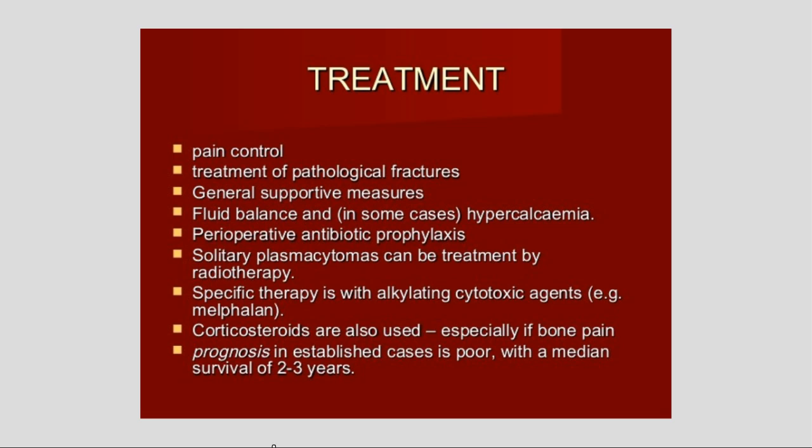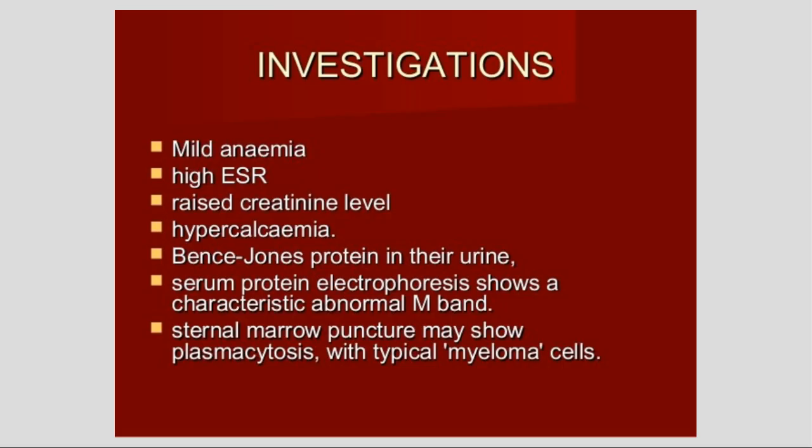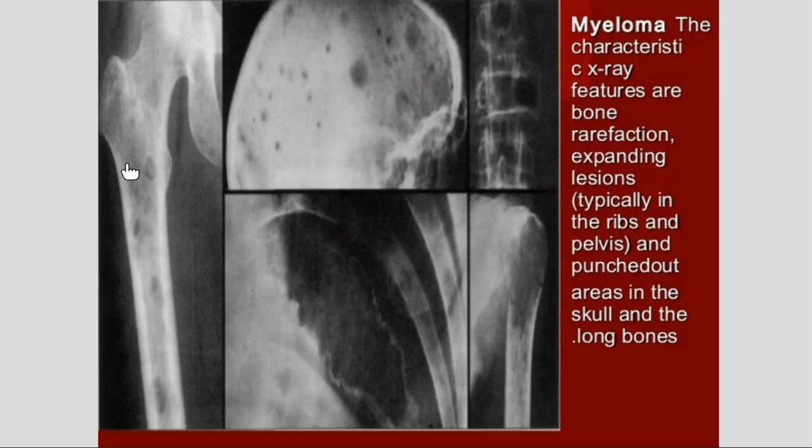So if you have, for example, a fracture in this femur, it would not make sense to just stabilize this area alone, because you have these other lesions throughout, and they will now become areas which can become fractured as well. So you tend to use intramedullary devices which cover the entire extent of the bone as your treatment of choice. So intramedullary rods are usually the treatment of choice for long bones involved in multiple myeloma.